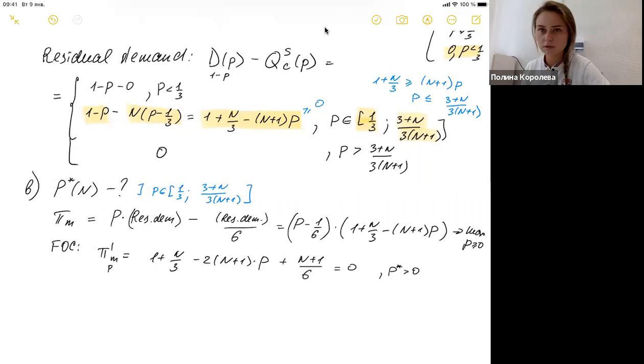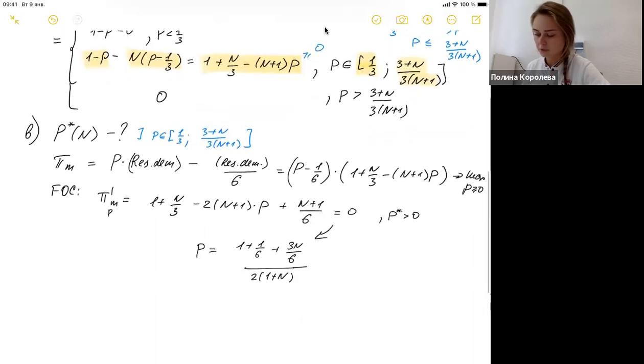From here. So let's do it super fast. I will write it down for you. So from here, we find that price equals (1 plus 1/6 plus 3n/6) over 2(1 plus n).